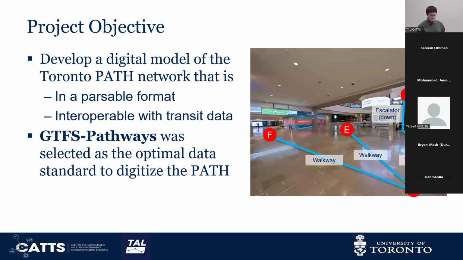So we would like to develop a digital model of the path that's in a desirable parsable format and preferably interoperable with transit data. Because of these requirements, we've identified that the GTFS pathways is a very good data standard for this task.